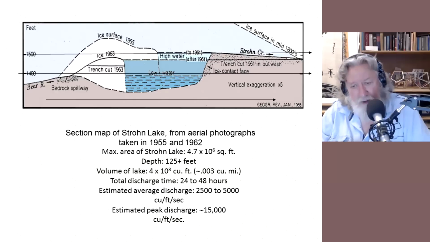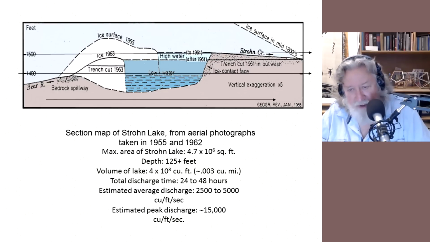Because you're talking about from the south end of Lake Pend Oreille to Clark Fork, suddenly getting a half mile of ice. That's not typically what we see. We typically see this, not this. So this particular lake drained completely when it reached 125 feet.